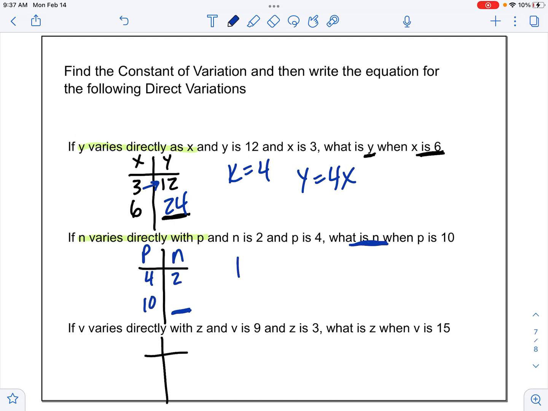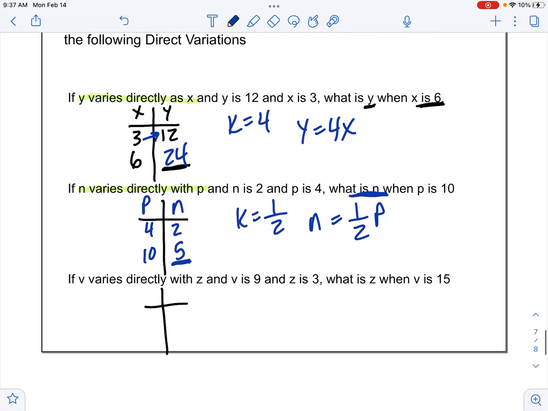I know they are constant, so I'm looking for that k value. It looks like I divided by 2, and remember, this has to be a multiplication problem. So when you divide by 2, you actually multiply by 1/2. So my equation is y equals 1/2, and actually, it's not a y anymore, is it? It's an n. It's 1/2 p. Well, that means this has to be a 5. You're just kind of filling in what you know for sure.